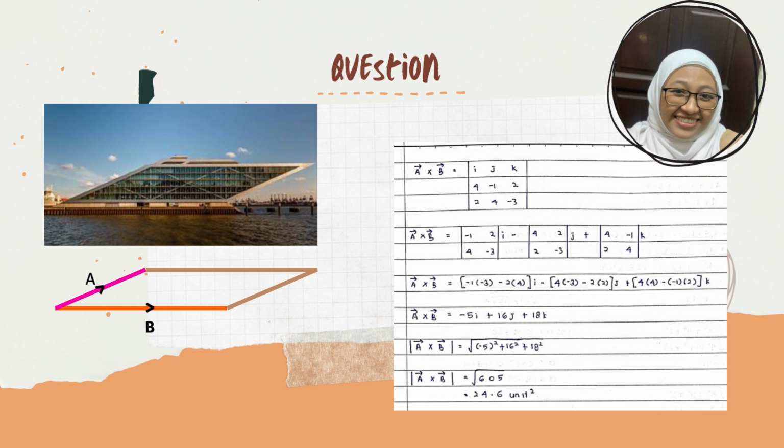It will be vector A times vector B equal to negative 5i plus 16j plus 18k. The magnitude is the square root of negative 5 squared plus 16 squared plus 18 squared. By using the calculator, you will get 24.6 square units.